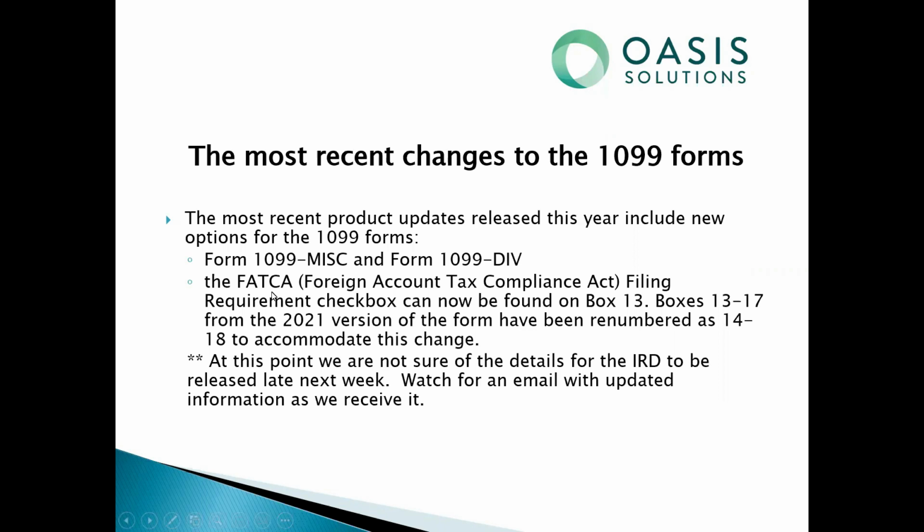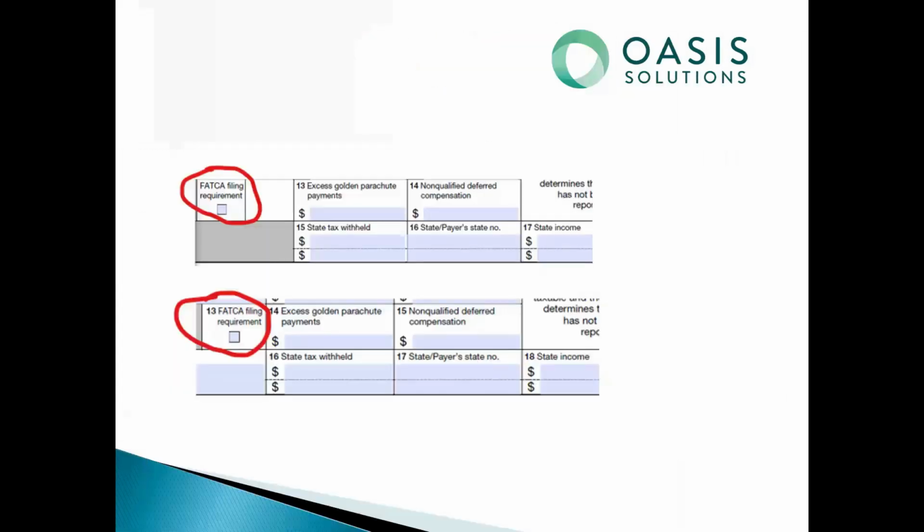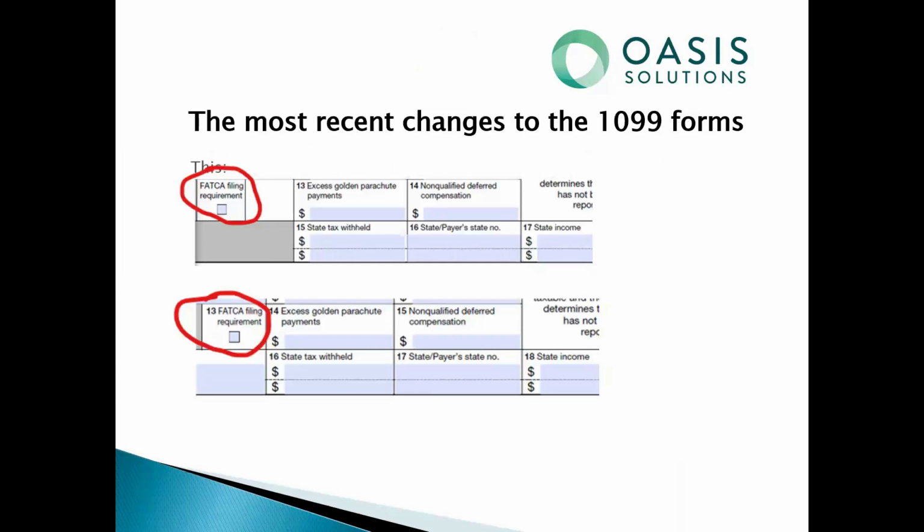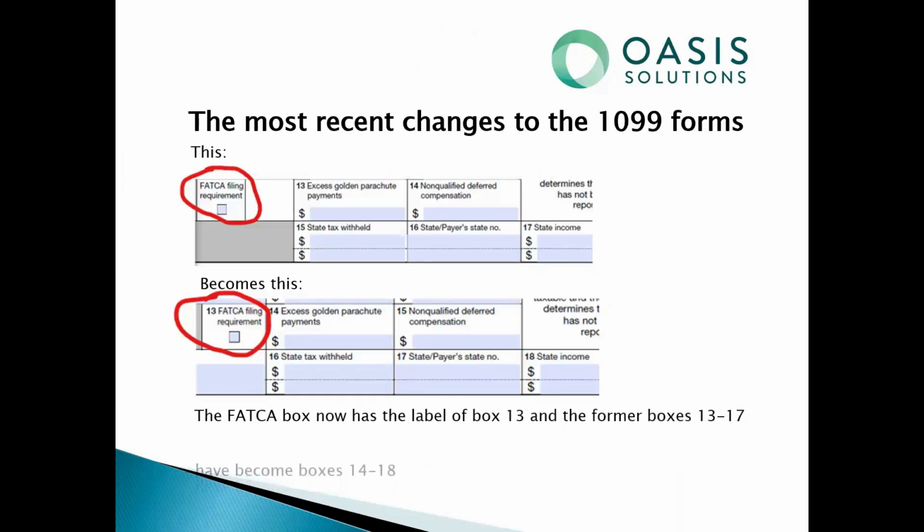There's the FATCA box. It's the Foreign Account Tax Compliance Act. They have renumbered that to box 13, and I'm going to go to the next slides to show you pictures worth 1,000 words. So this was the old 1099 form.